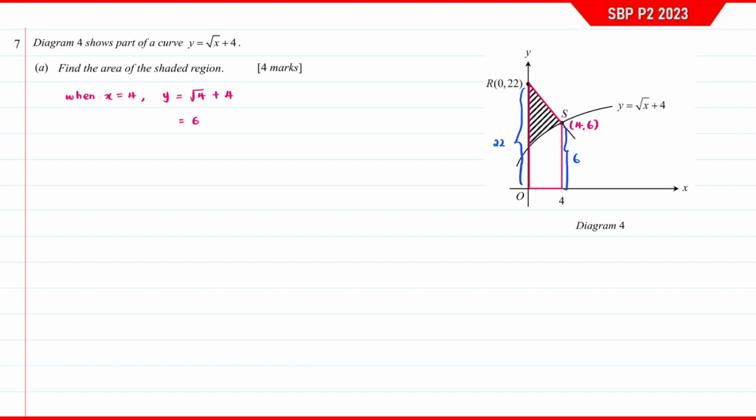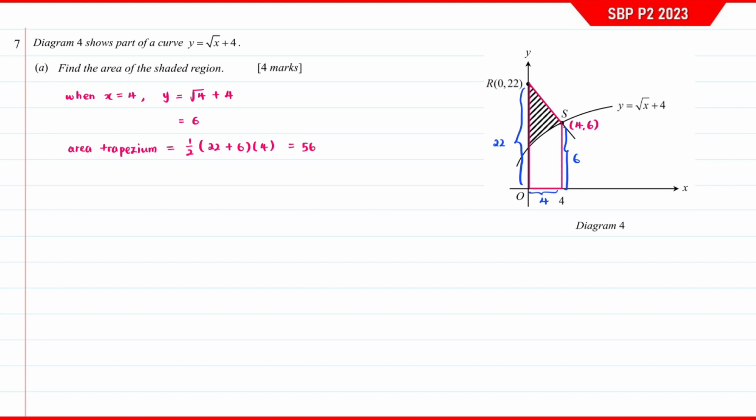These will be the two parallel sides. And this number 4 here is going to be the height. So the area of the trapezium will be 1 over 2 times (22 plus 6) times the height, which is equal to 56.